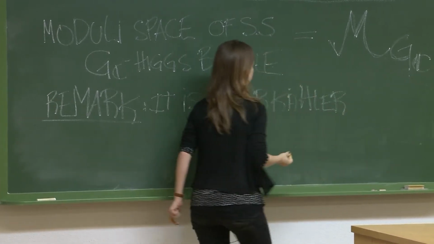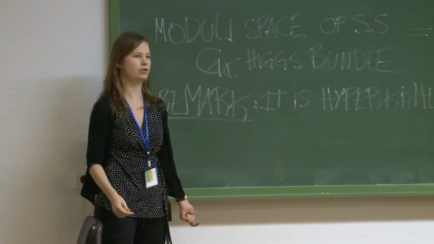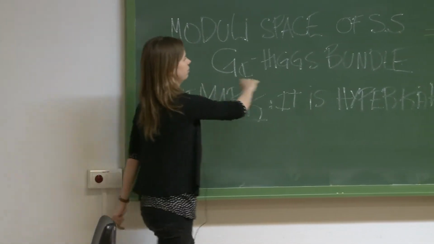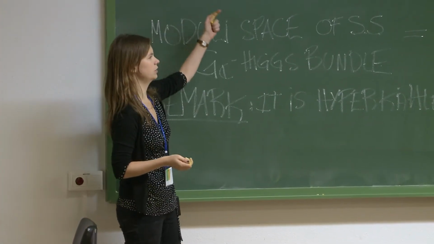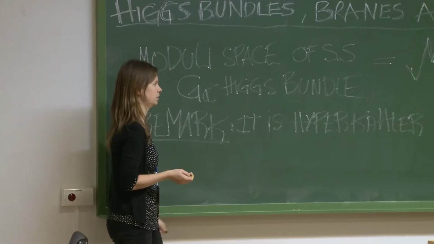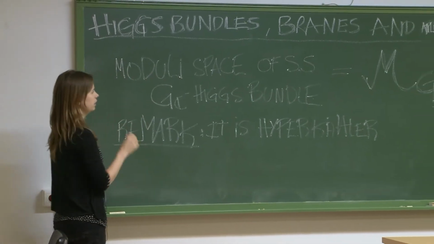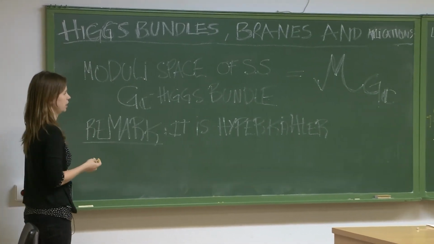So there's going to be a lot of complex and symplectic geometry appearing for us given by this hyperkähler structure, and we're going to be using it a lot when considering branes inside the moduli space. But before we do that, let me give you a few more reasons to study this space.